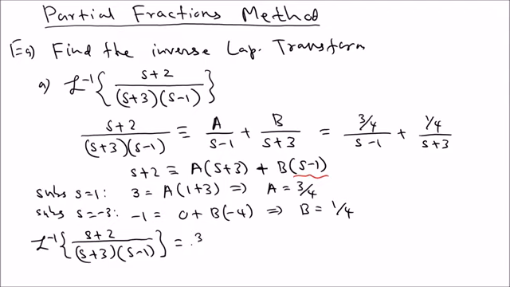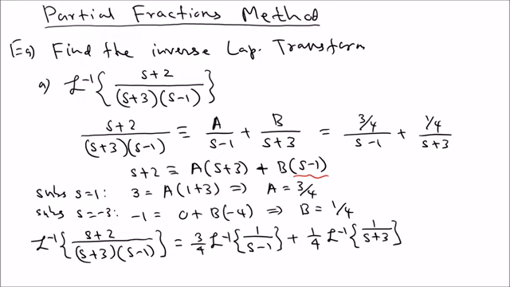So it is 3/4 L inverse of 1 over s minus 1, and the other one is 1/4 L inverse of 1 over s plus 3.